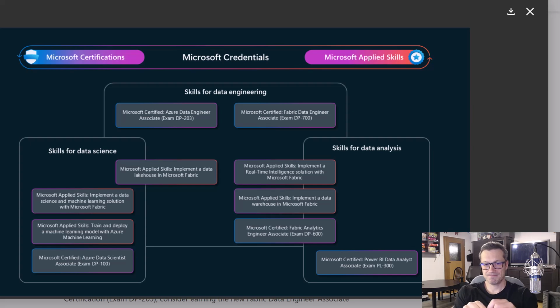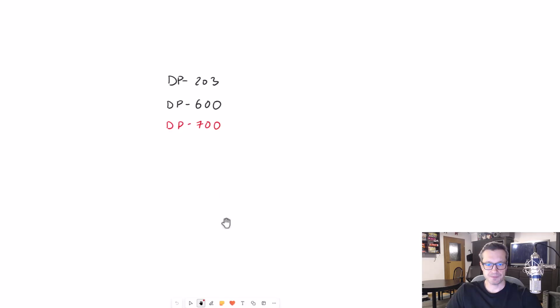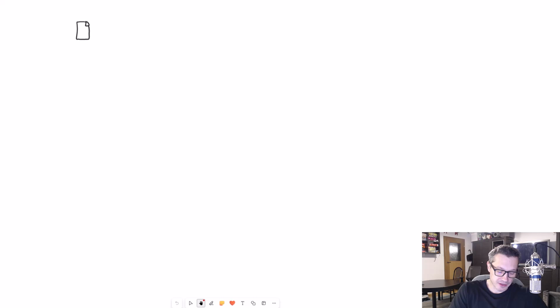Alright, but this diagram is nice, but how to put this into our typical data solution? So let's draw it and let me try to mark areas that are covered and required by various exams. Alright, so let's jump to whiteboard and let me start drawing our typical BI solution. So as always, we have various data sources.